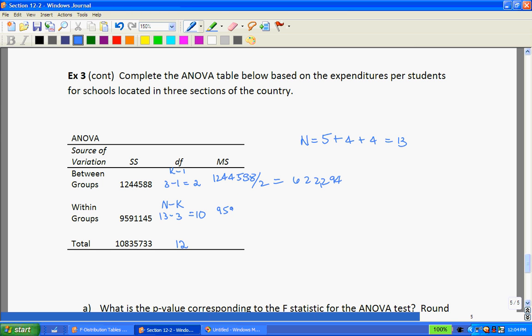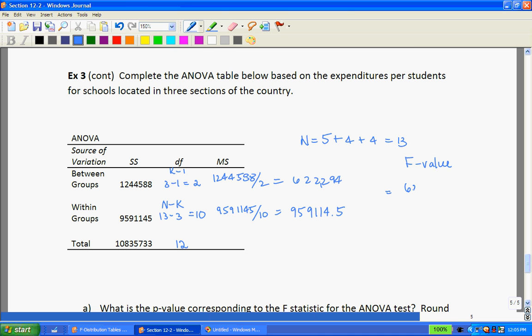The same thing for within. I would take the sum of squares and divide it by the degrees of freedom. And here I get 95,914.5. And somehow this is missing, but we also want our F value. Now that we know the mean squares between and the mean squares within, which is also called the mean squared error, if I just take the ratio of those two, then I have my F value.